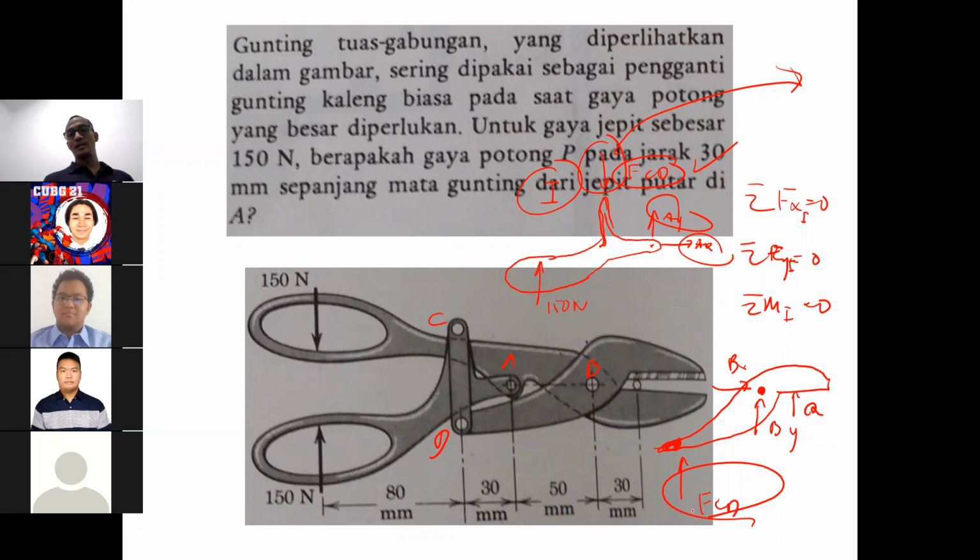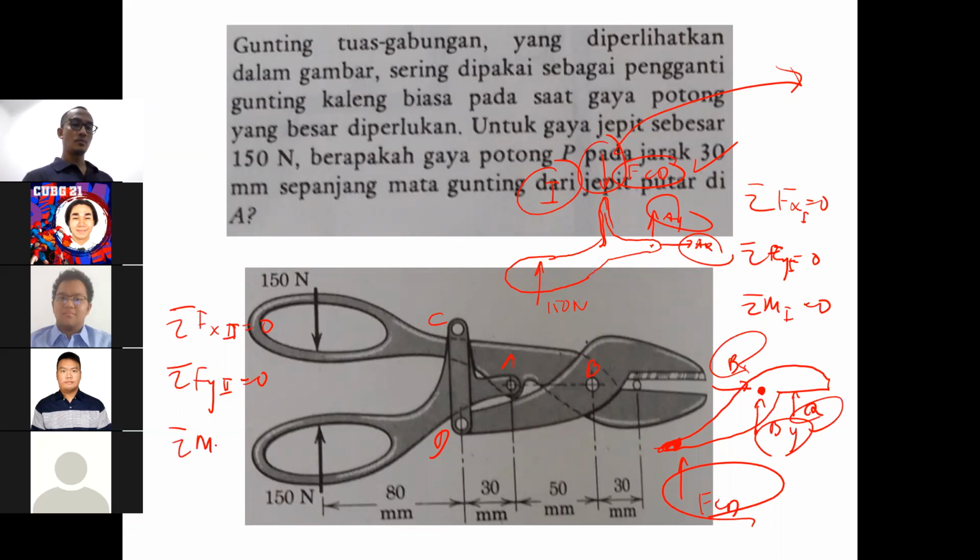So we are left with Bx, By, and Q as the unknowns. And we have three equations: sigma Fx2 equal to 0, sigma Fy2 equal to 0, and sigma moment 2 equal to 0.